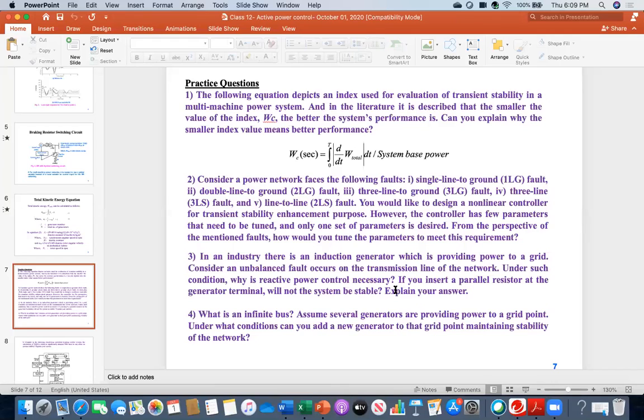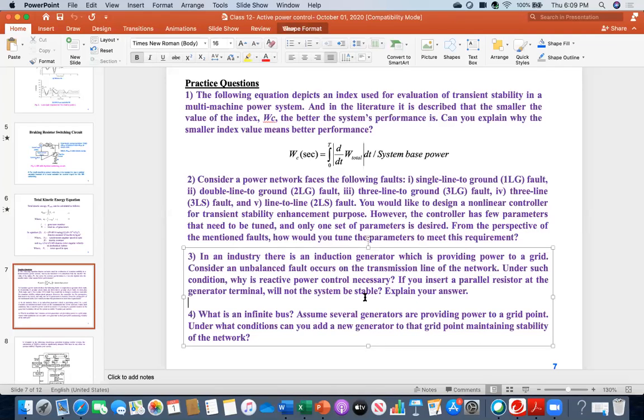It may work a little bit, but not fully. That is not enough. If the voltage goes very low, voltage collapse happens, the answer is no, it cannot stabilize the system. So keep in mind that braking resistor or parallel resistor is for the synchronous generator stabilization, not for the induction generator.